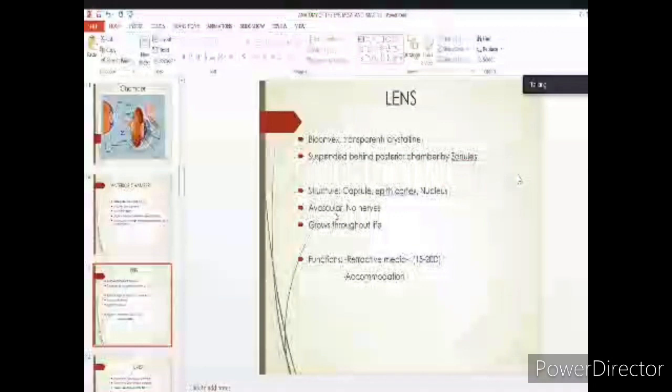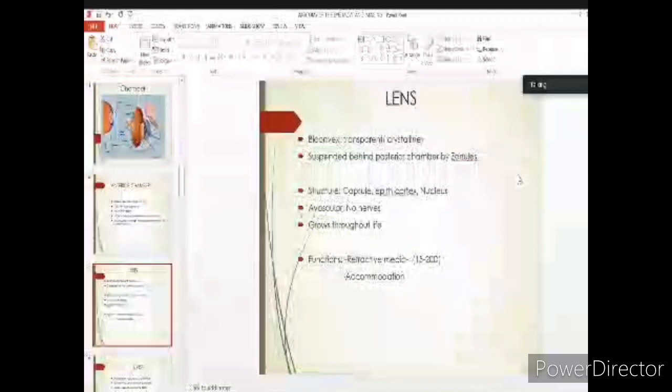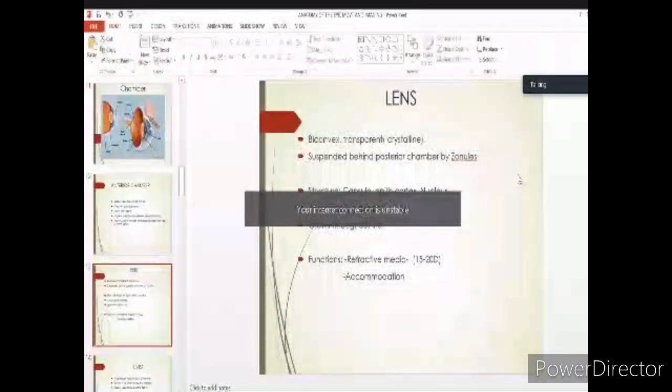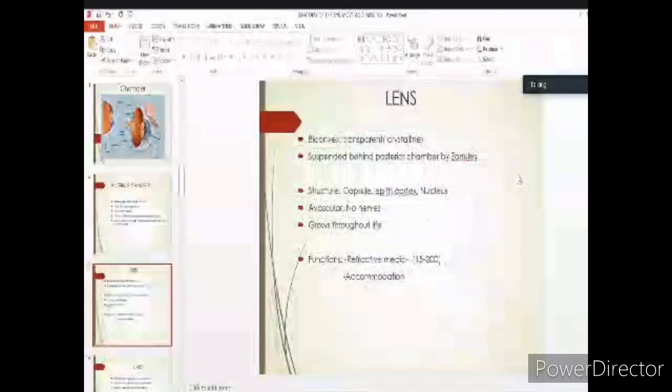Structure of the lens, it has a capsule, there's epithelium, cortex, and epicortex. Like I said, it's avascular, it has no nerves, it has nothing, it's crystal clear. And once anything goes wrong, the lens becomes white, which we call a cataract. And please note that it grows throughout life. It has these two functions.